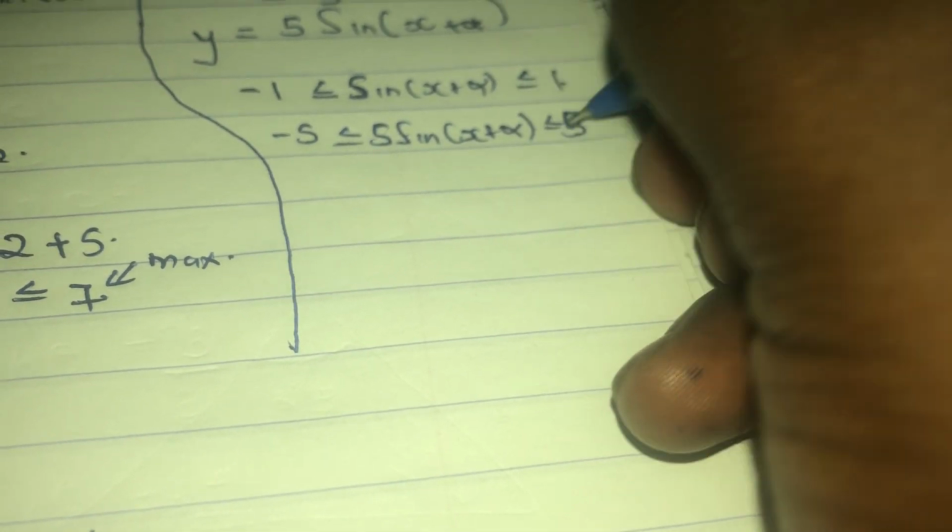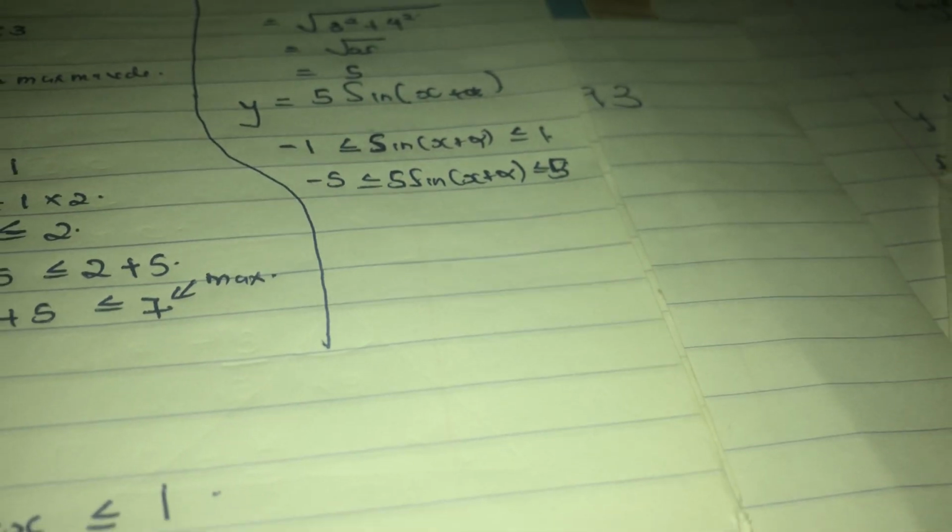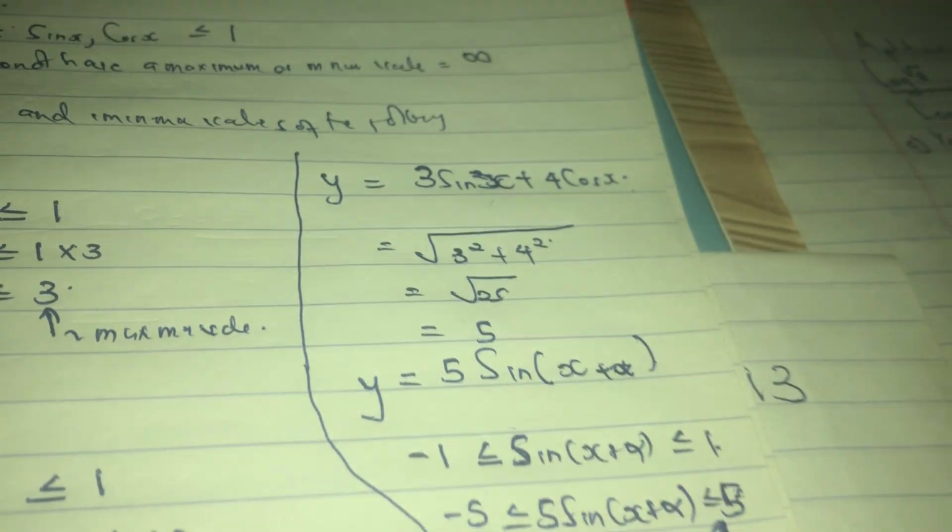So when you multiply throughout by 5, this gives you 5 sine x plus this equals 1 times 5, which is 5. So for such instances, you'll see that this will be the maximum and this will be the minimum. But this happens in case you have both sine and cos.